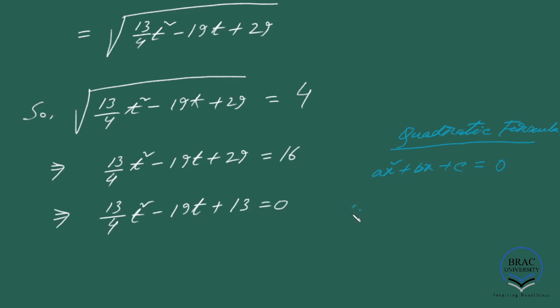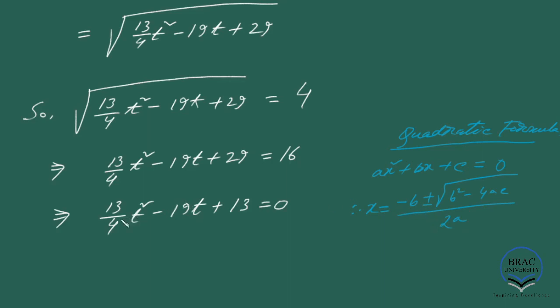If I want to solve for x, then the quadratic formula gives x equals negative b plus or minus the square root of b squared minus 4ac, divided by 2a. So this is the quadratic formula we can use.